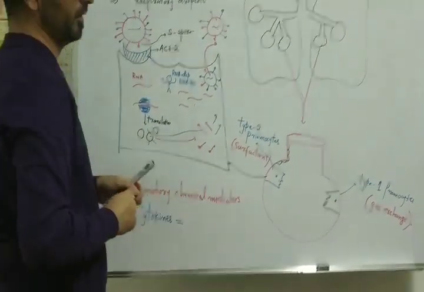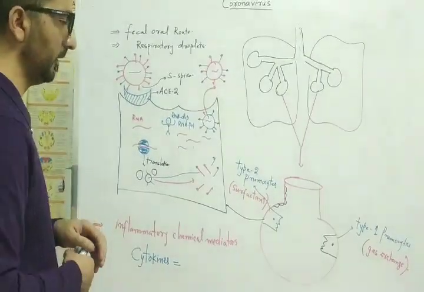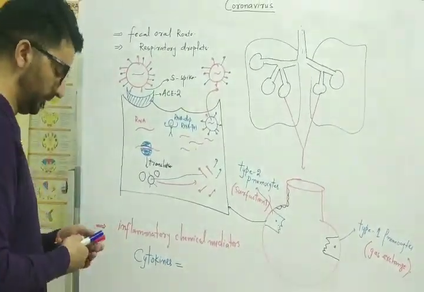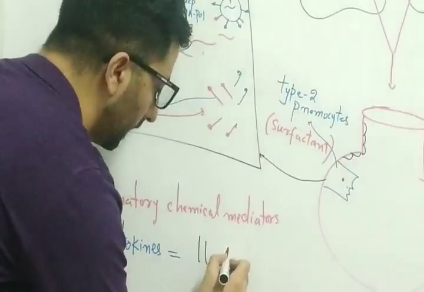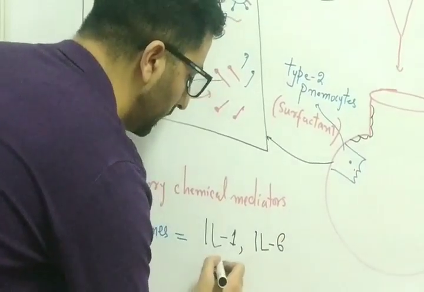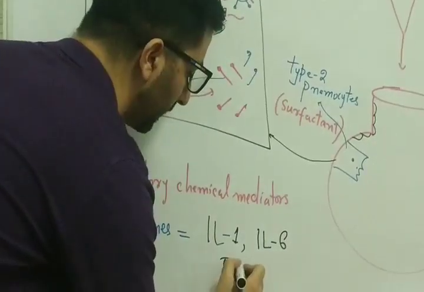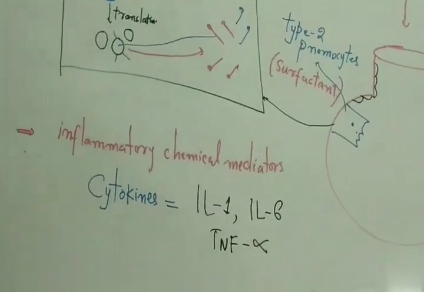There are about 50 kinds of cytokines, and among these we'll describe some here. One is interleukin 1, and interleukin 6, and tumor necrosis factor alpha. These three cytokines are released.